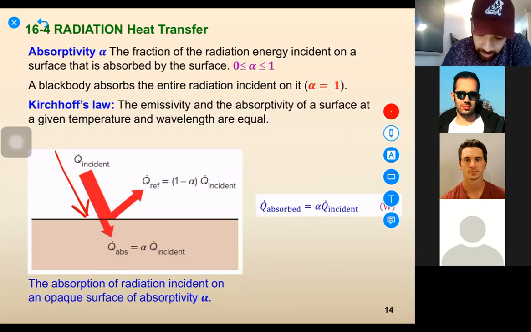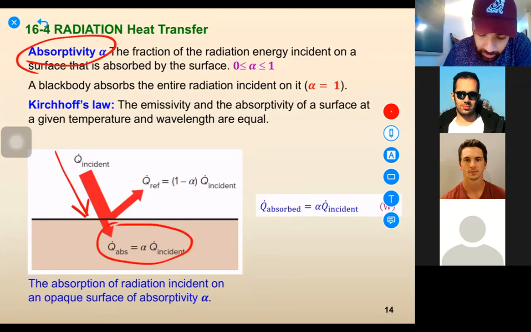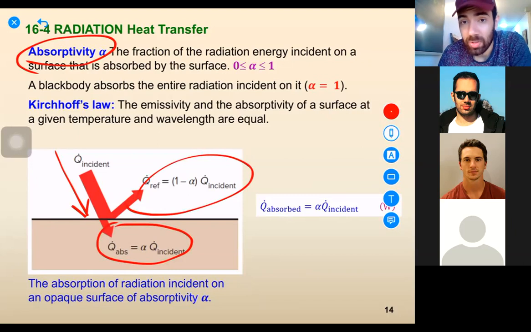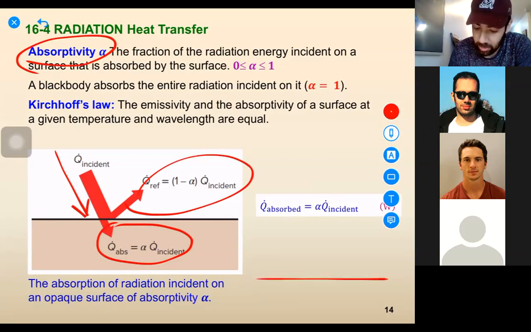A portion of it, which is the term alpha, the absorptivity term here, is being absorbed, and the rest is being reflected to the surroundings. So if I'm solving a question and it is asking me, for example, we will have this question in a couple of minutes, we have an insulation layer here.